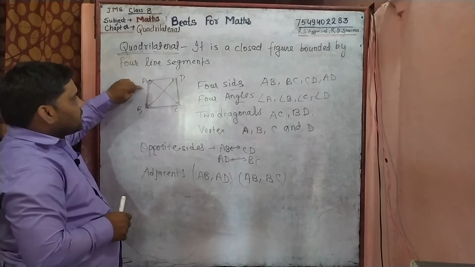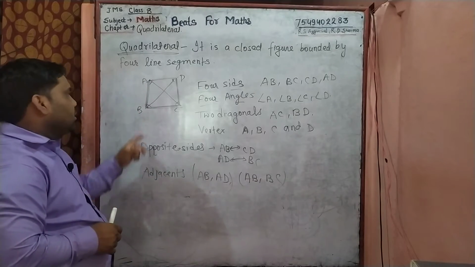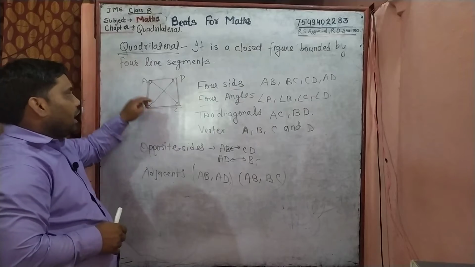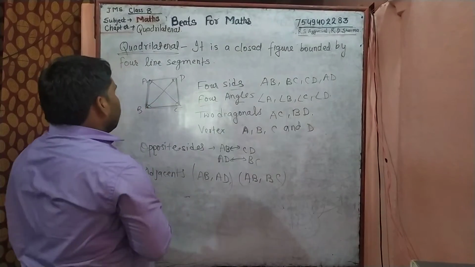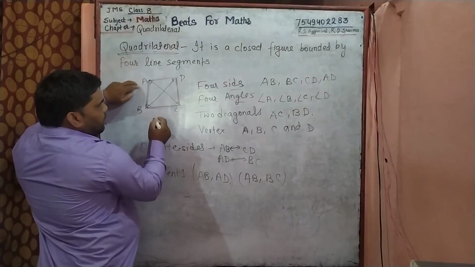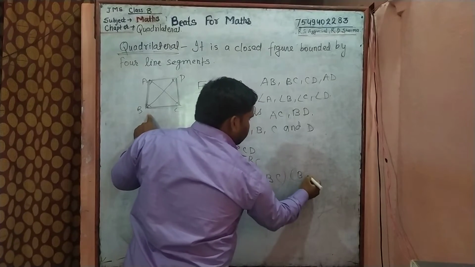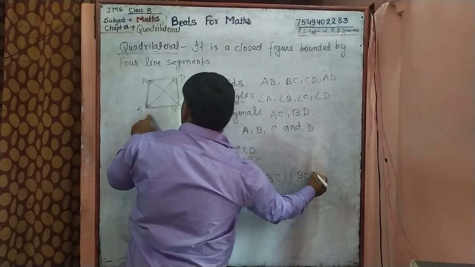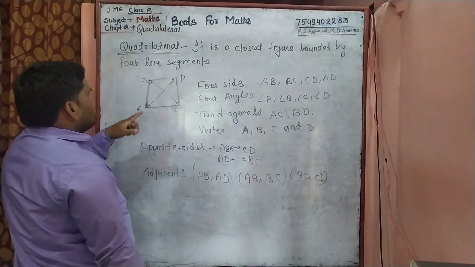This means one side has two adjacent sides, so here there are four pairs of adjacent sides. We have written AD and AB, BC and AB, BC and CD, and CD and AD.